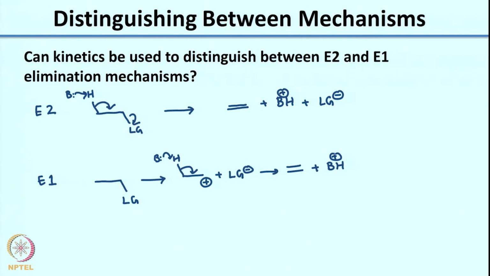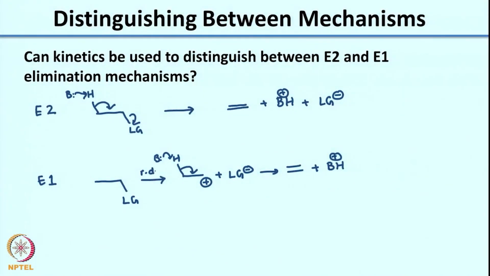Now if I write the mechanism based on whatever you have seen earlier, you can write rate constants and derive the rate law if you want, but I can tell you something even simpler. In the case of the E1 mechanism, the first step is the rate determining step.